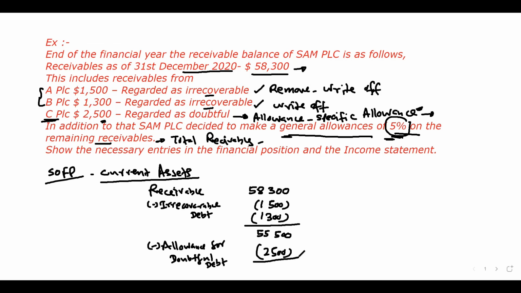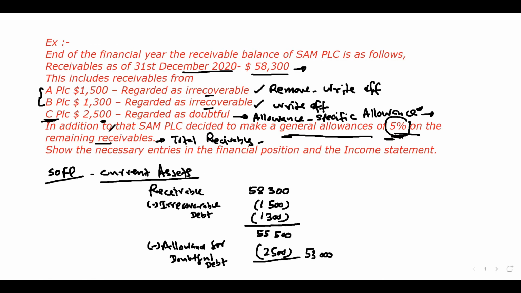So after this, the balance will be 55,500 minus 2,500, which is 53,000. So this is after the specific allowances.